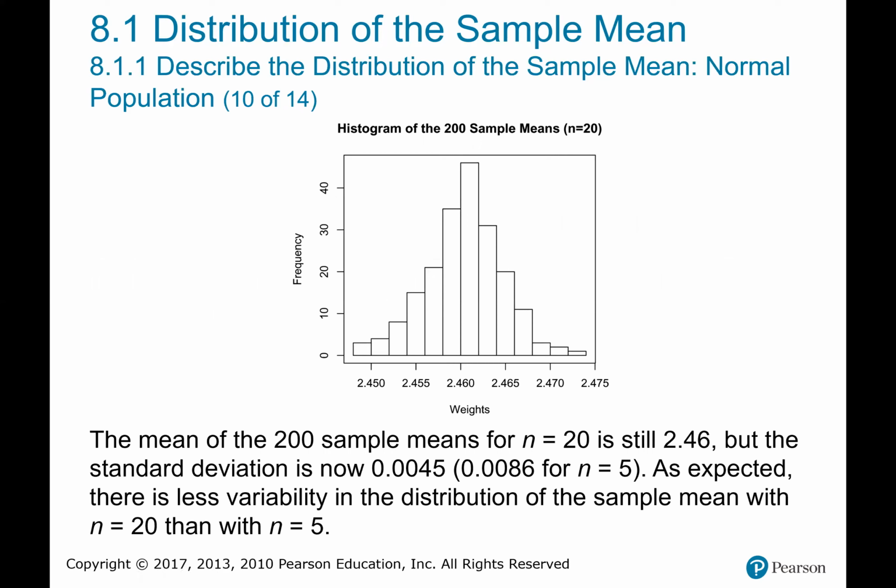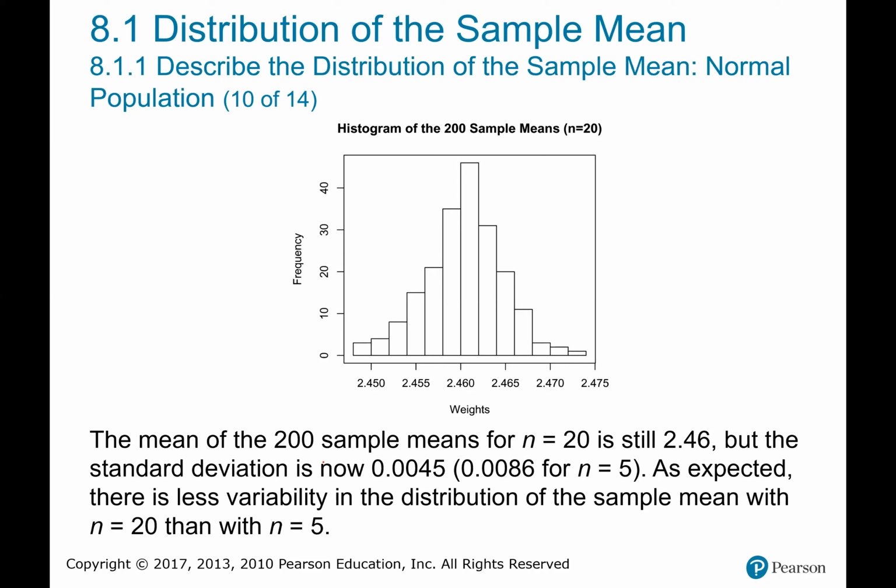Okay, guys, if you look at the histogram, see what happened. The mean of the 200 sample means for n equal 20 is 2.46. So again, it is still the same as the mean of the population, but the standard deviation is now 0.0045.